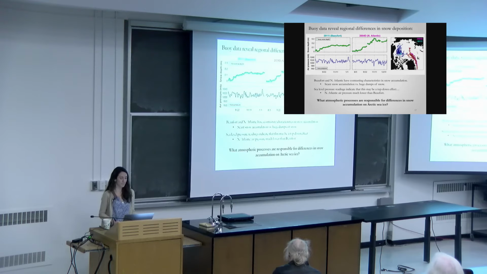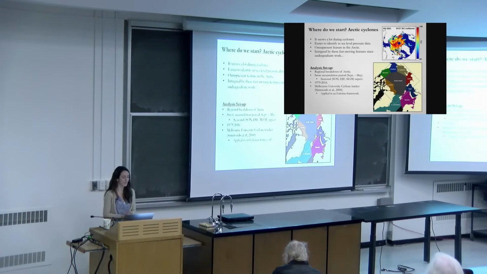So that's what we did, but we related it to some of our previous work, and we started with cyclones. So why cyclones? It snows a lot when a cyclone event happens. They're easier to identify in the data that we have in the reanalysis products. They are always present in the Arctic at least once.